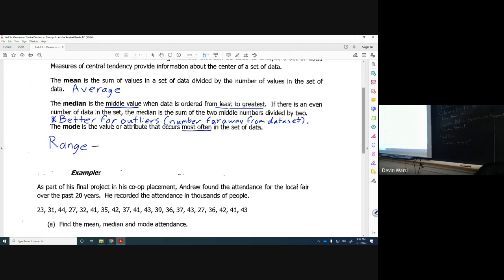Okay, the last one I want to talk about is range, and that's the spread of your data. So it's from the lowest to the highest number of the data set.